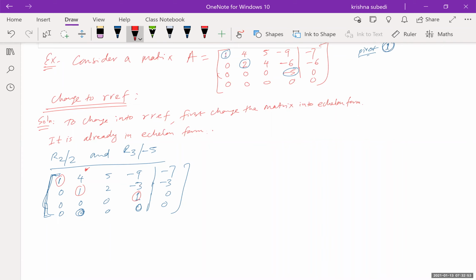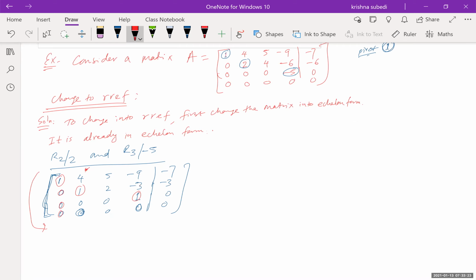In order to make this 4, 0, and -3 and -9, 0, I suggest that earlier, in order to change it into echelon form, we go in the forward direction. We try to make this guy 0, this 0, this 0, and then only we look at the second column and then the third column, and we try to make those zeros.